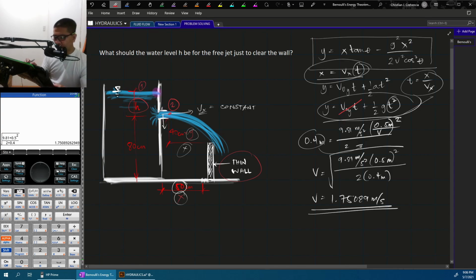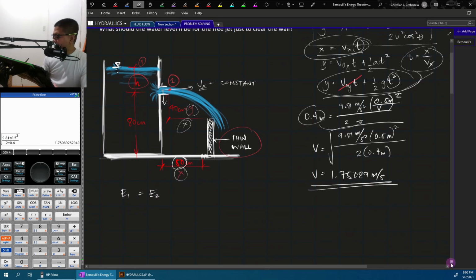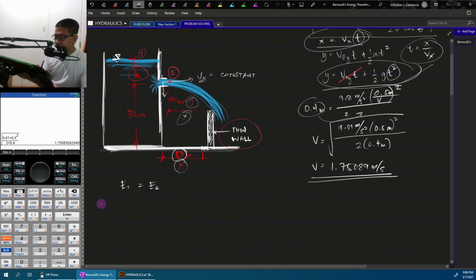So, let's write the equation first. Energy at point 1 is equal to the energy at point 2. What are our energy terms again? We have V1 squared over 2g plus pressure at point 1 over the unit weight of the liquid, plus Z1.